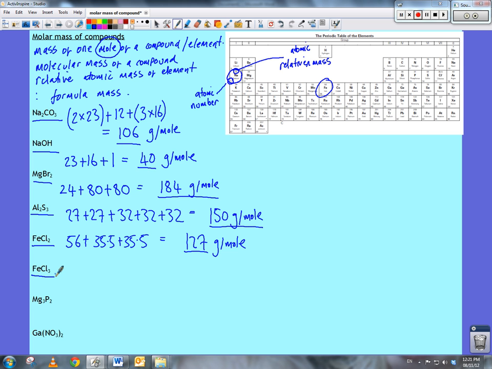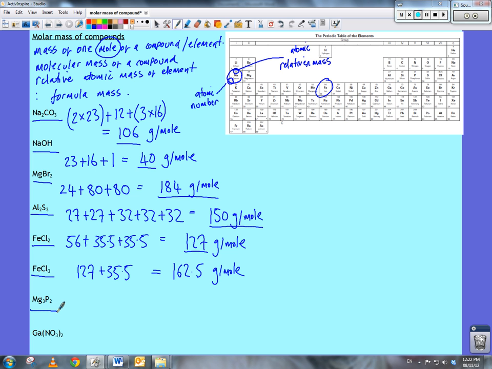FeCl3, again we've got 3 chlorines now, so we just have to add an extra chlorine to FeCl2, and that gives us 162.5 grams per mole.